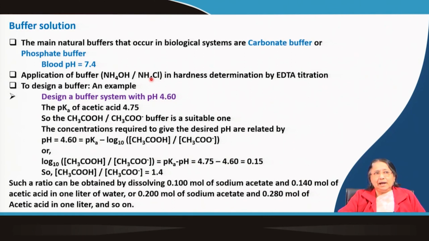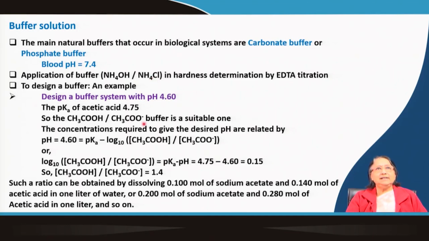If the pH is not maintained, then the reaction will not be complete, in the determination of hardness, that is calcium ion concentration and magnesium ion concentration, that is multivalent cation concentration, by EDTA. In that titration with EDTA solution, if the pH is not maintained in that range, then the reaction will not be complete.